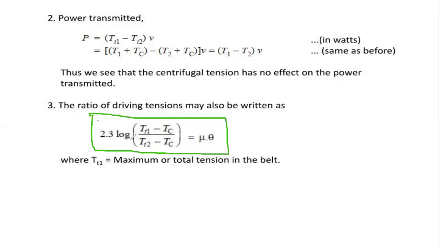Here we take TT1 as the maximum or total tension in the belt.